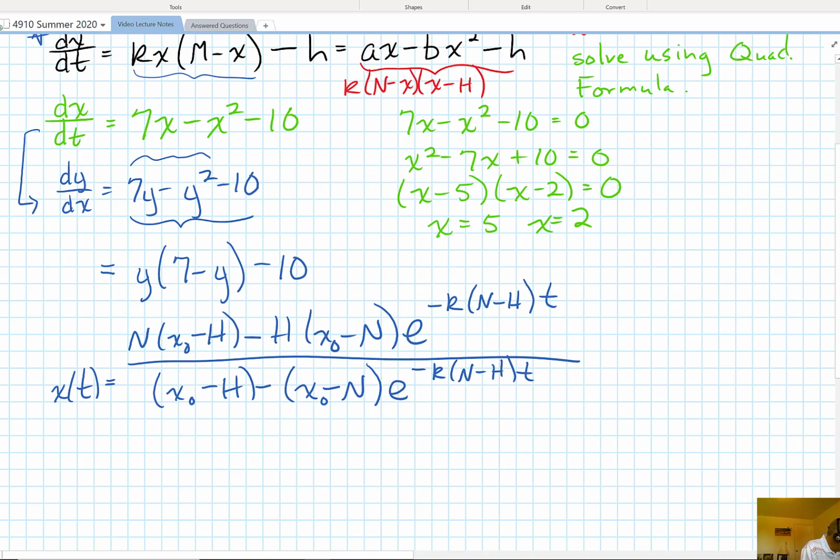And so there it is. Okay, so that's the general solution to an equation that looks like that, a harvesting logistic equation.